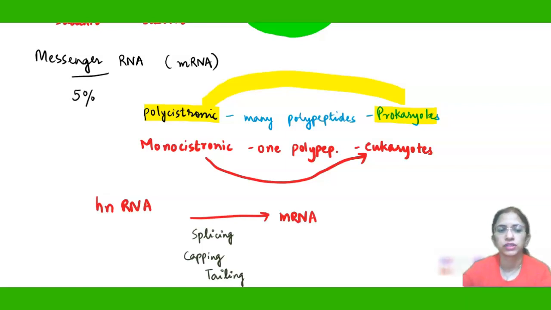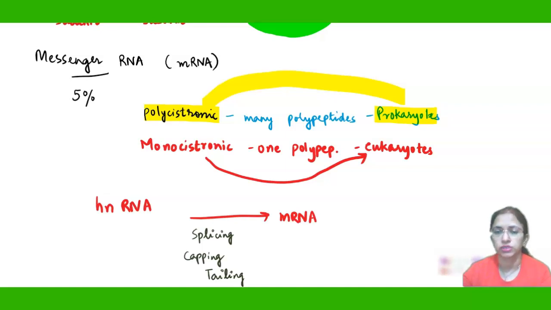Now, heterogeneous RNA changes to messenger RNA because there is a need. If heterogeneous RNA comes out of the nucleus into the cytoplasm, it is going to get digested by the cytoplasmic enzymes. Just to avoid this, it has to be processed.